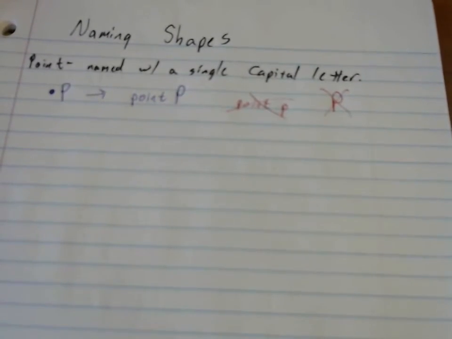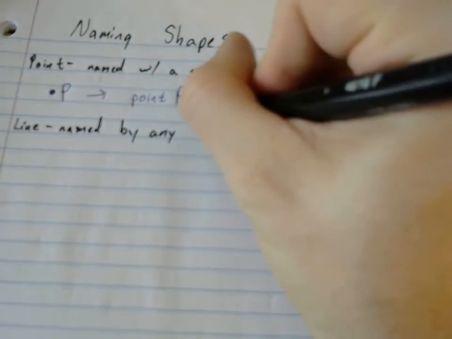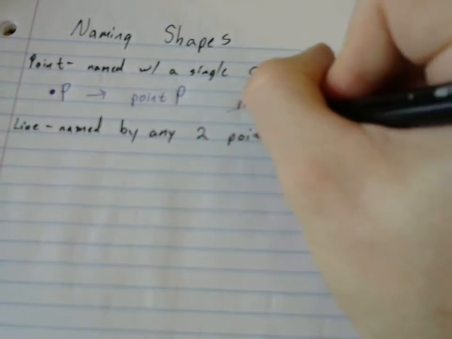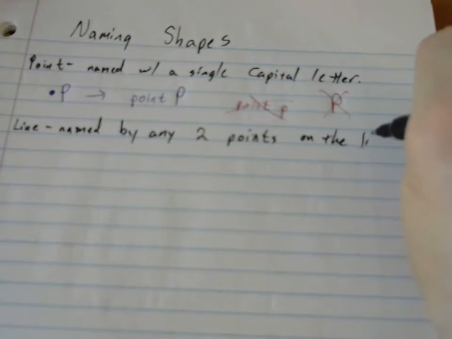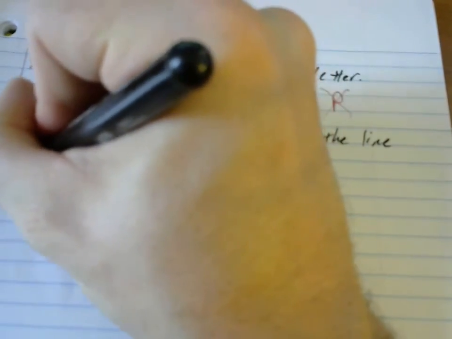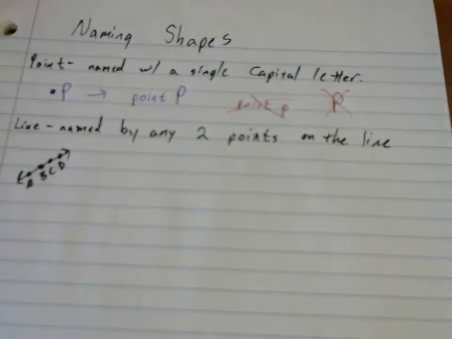The next one that we have is a line. A line is named by any 2 points on the line. So over here, I'm going to go ahead and draw a line. And I'm going to kind of prove my point and how I would name this line there.